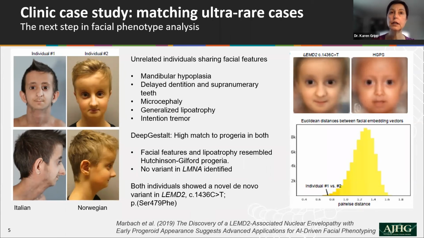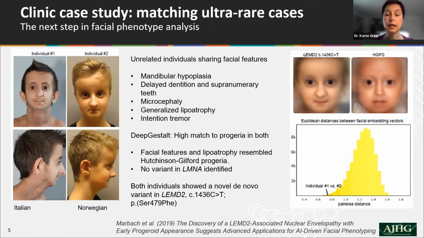In addition, using the GestaltMatcher algorithm, the two images of the probands were compared to each other and to 214 images from other individuals. And what you can see in this diagram here is, using this GestaltMatcher approach, that these two individuals match very, very closely based on their facial features.